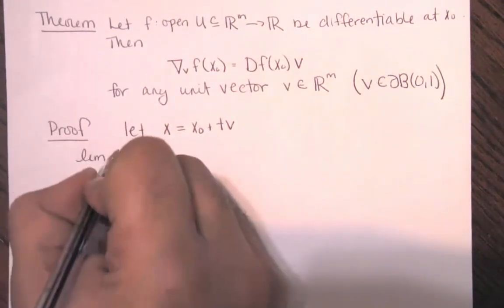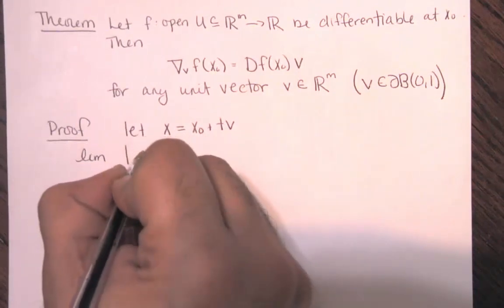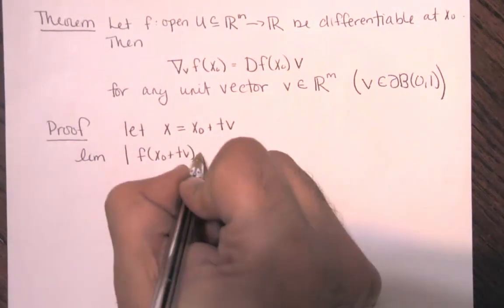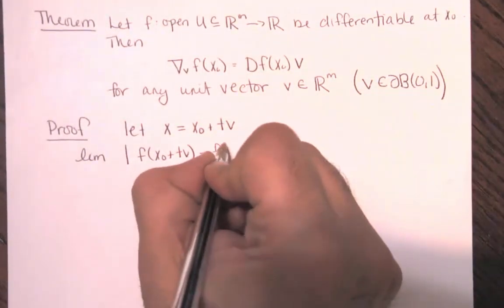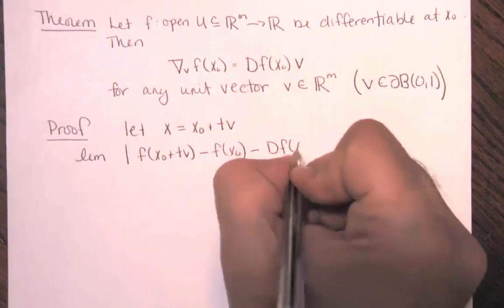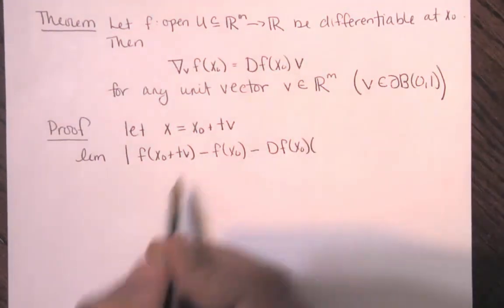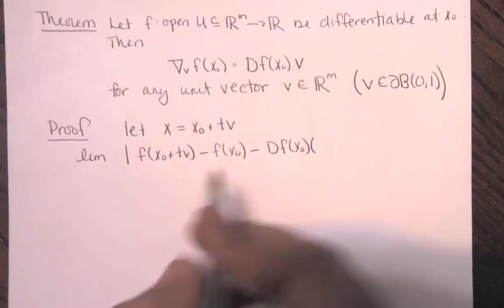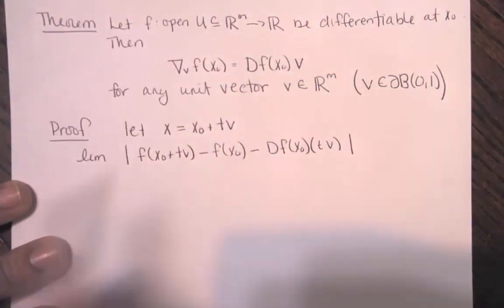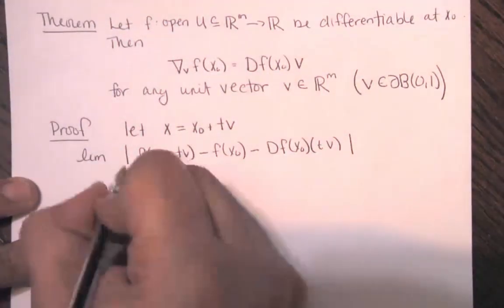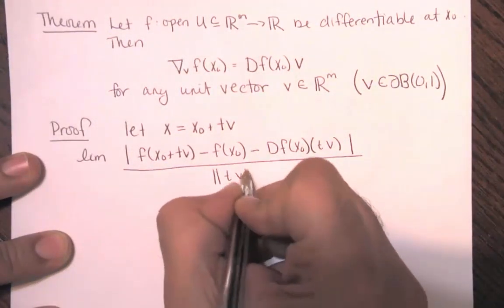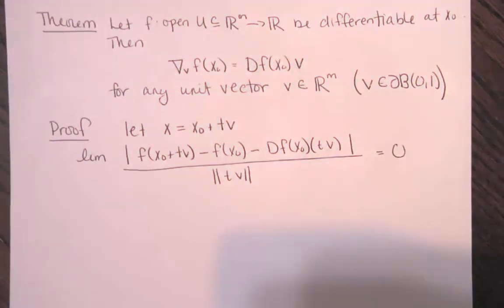Then the limit of the absolute value of f of x minus f of x naught minus the derivative at x naught times x minus x naught, which is just tv, and remember, f here is real valued so it's just an absolute value, divided by the norm of tv, is equal to 0.